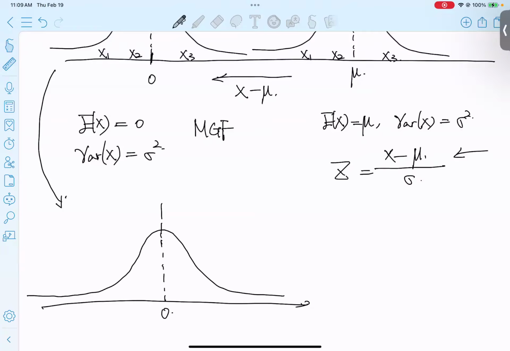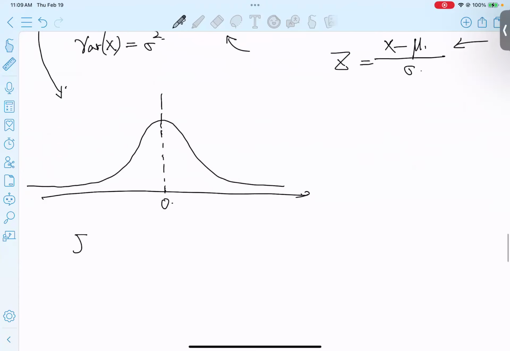Again, check that it's a normal distribution through the moment generating function. You will still have the expectation equal to 0, and the variance is now equal to 1. And this is called the standard normal distribution.